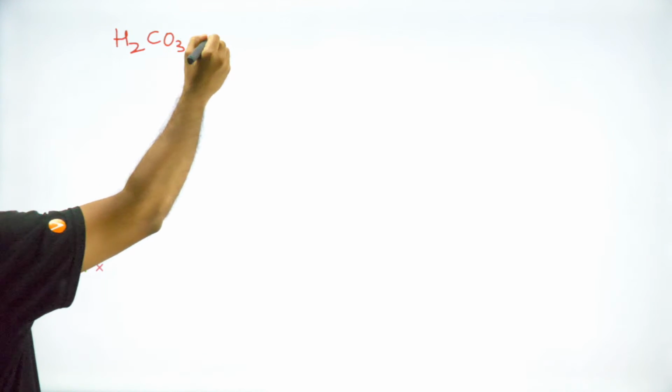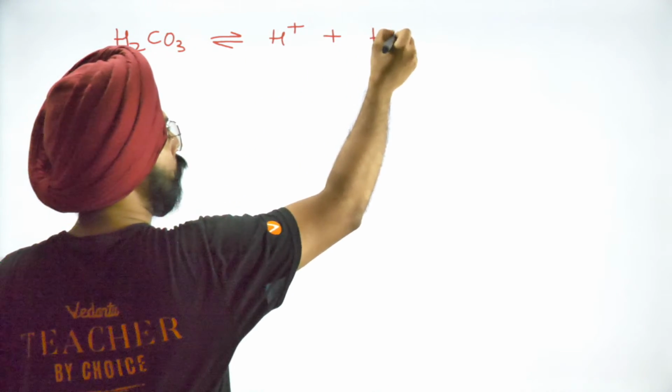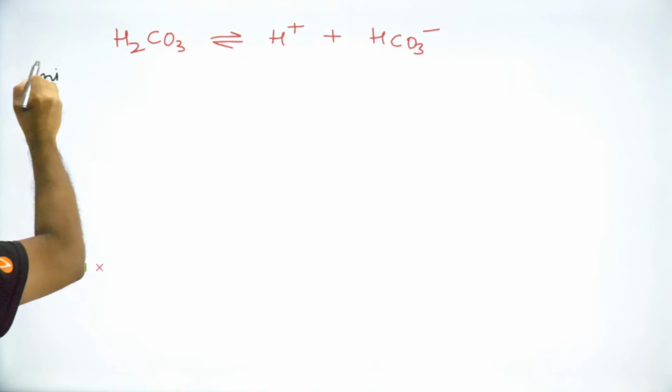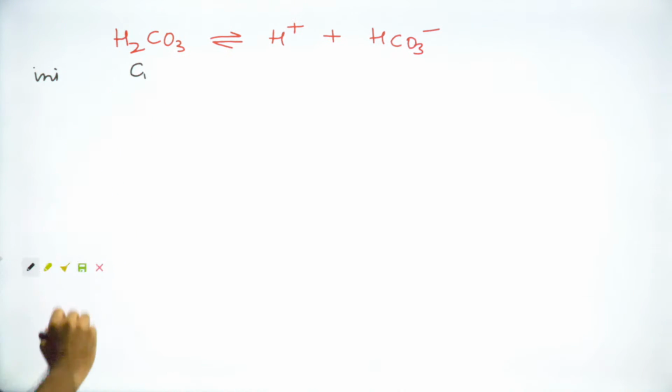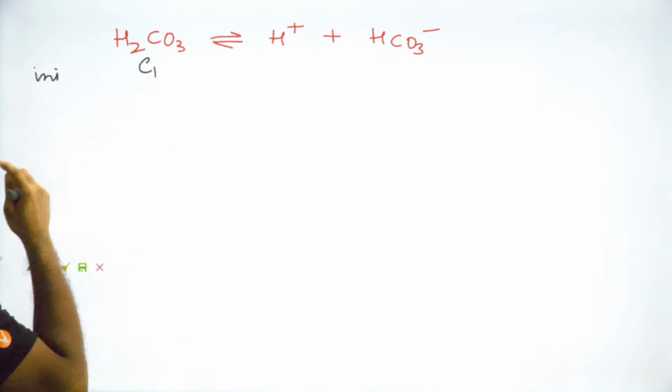Let's take H2CO3. This breaks apart into H positive plus HCO3 negative. Initially, let us say I have taken concentration C1.